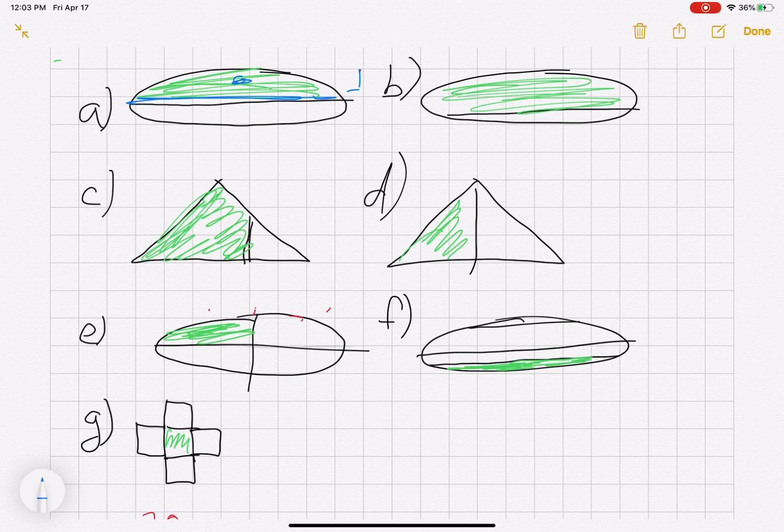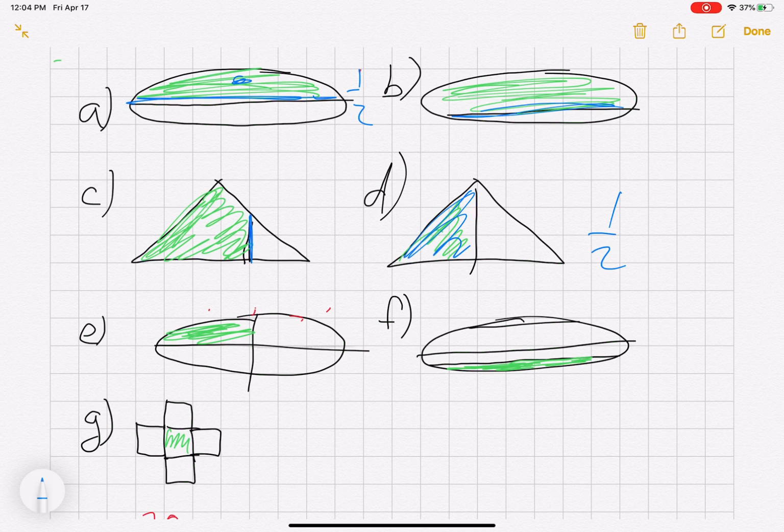So this would definitely be 1/2. If we're looking at B, it's not cut in half. Both sides are not equal, so it would not be half. C, same thing, not cut in half. I can't fold it in half and have both sides be the same. And D, I can fold this triangle in half, so that would be half.